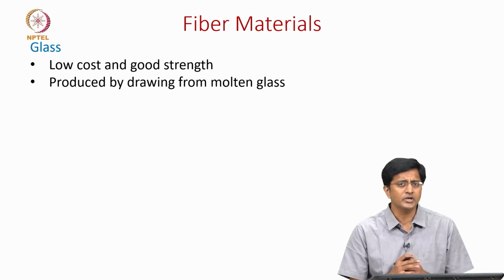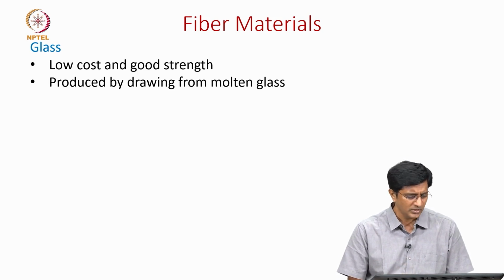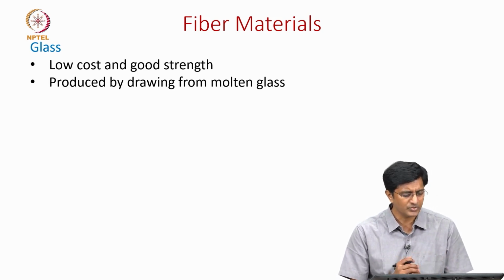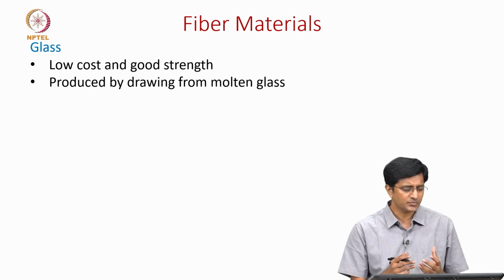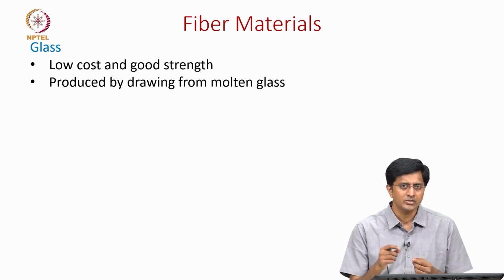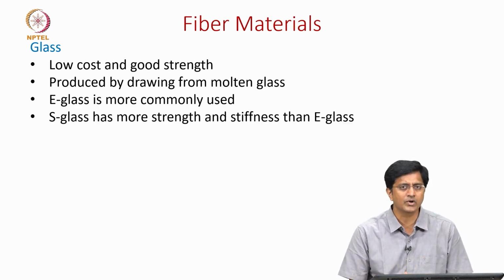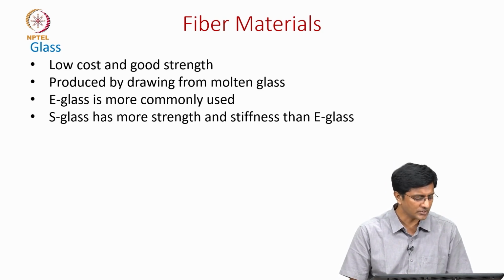Glass is a very commonly used fiber material in structural composites, primarily because of its low cost, but the reason why we use it is because of its good strength. The way it is produced is by drawing from molten glass. There are several varieties of glass fibers. Two commonly used glass fibers are the E glass and the S glass.